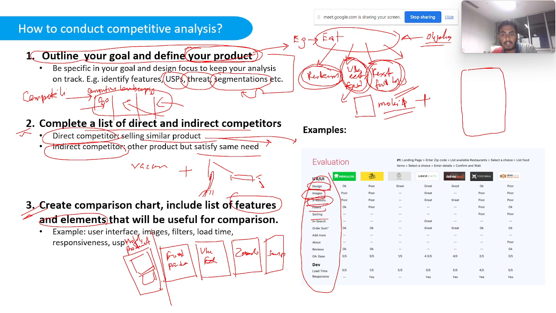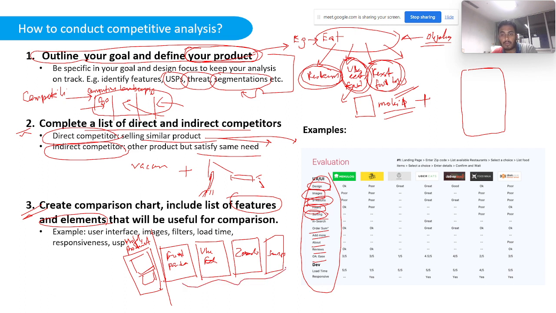Then filters. Do they provide any sort of filters, a quick way of selecting recipes? Then sorting. Can you sort the restaurants or the food items based on their prices, based on their location, etc.? So these can be various features which you can use to compare various companies and their products.